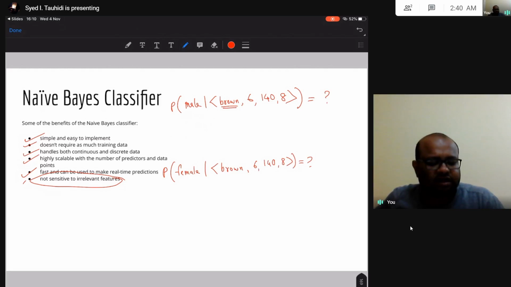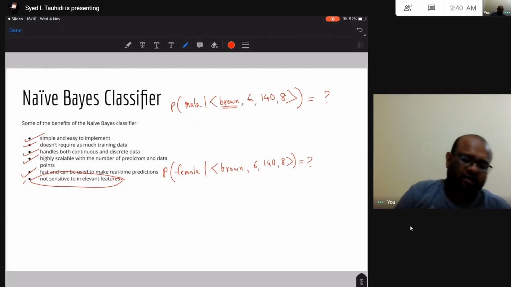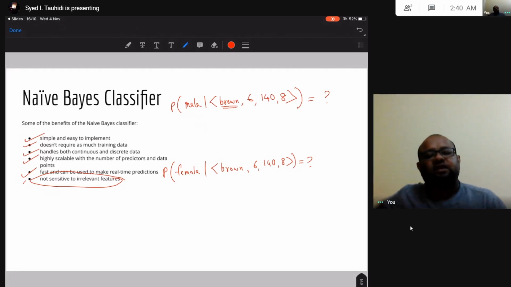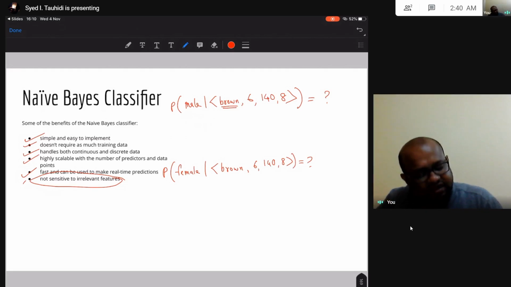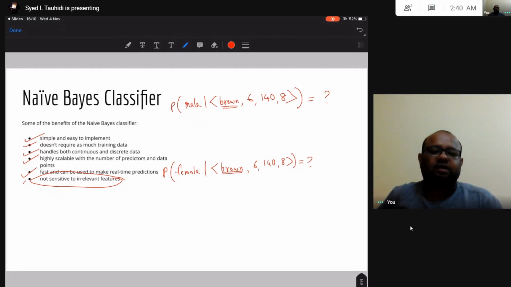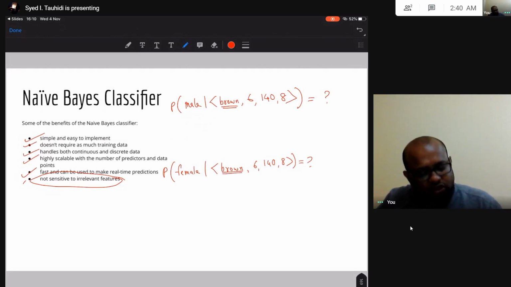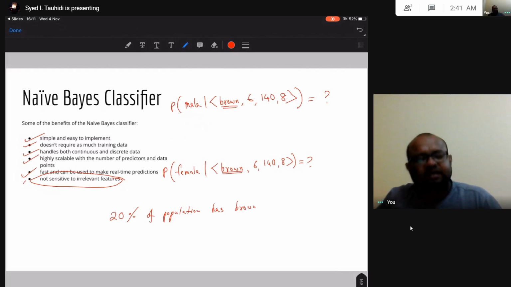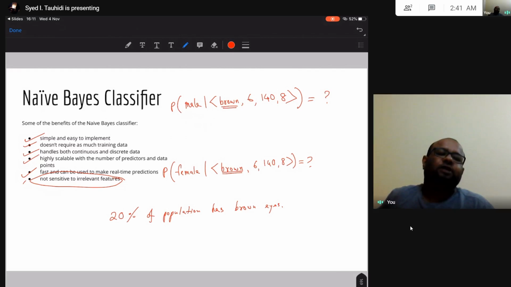Now let us think about what is going to happen if this eye color is irrelevant. Okay, then what is going to happen if say 20% of population has brown eyes, then if this is irrelevant, then 20% of male should have brown eyes and 20% of female should have brown eyes, right?